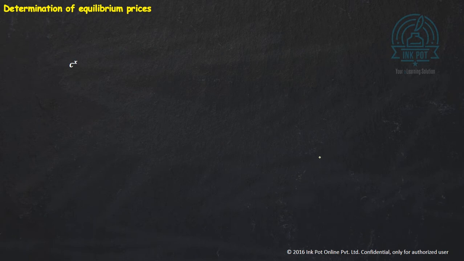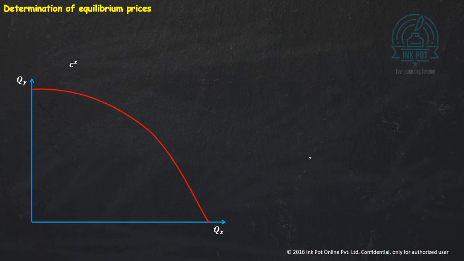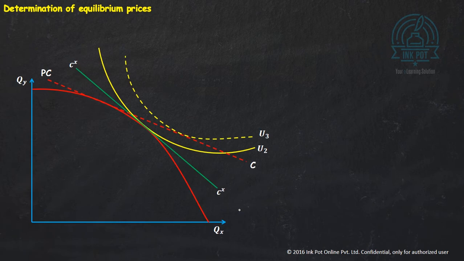Determination of equilibrium prices. Now that we've done these two reasons, how do we figure out the equilibrium prices? We have the PPF, and we have a straight line. This line is nothing but my cost line, which could be W by R or anything like that, or PX by PY. So this is my straight line, which is PX by PY, which can also be W by R, because we are talking perfect competition. So price is always equal to marginal cost.